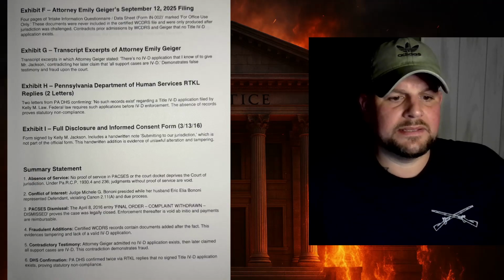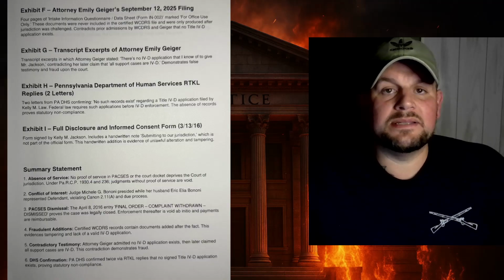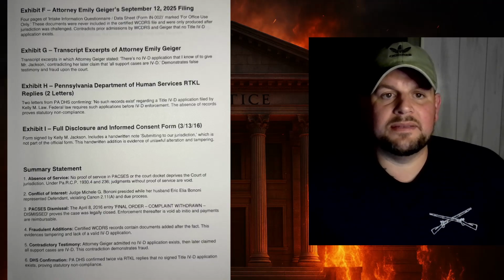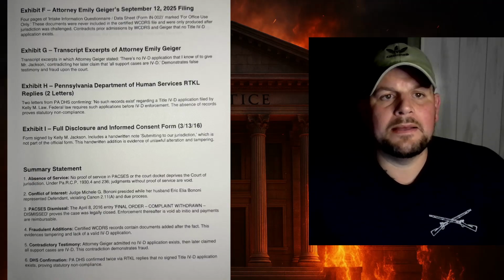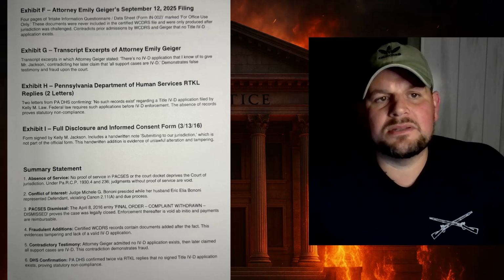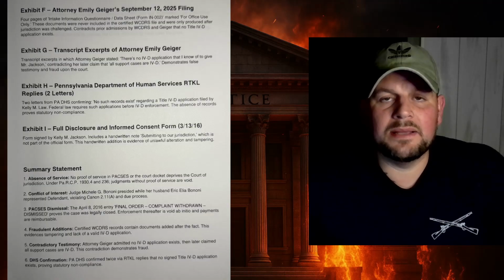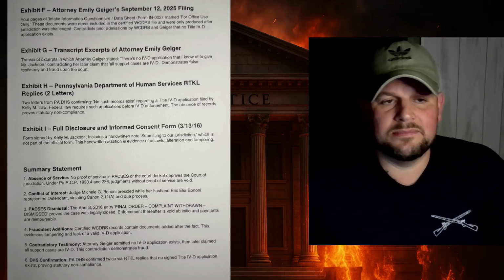This is about attorney Emily Geiger. She is the domestic relations Title 4D attorney. Her filing. Okay, so this Exhibit F is about when I filed a motion to have my child support case terminated and vacated because of all the reasons that we're going over here.